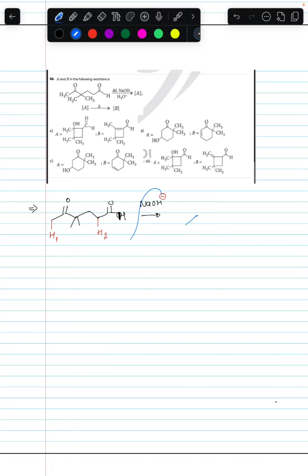If we form the enolate from hydrogen number 1, we obtain this one. If the enolate is obtained from hydrogen number 2, then we get this one. So it is an aldol reaction, intermolecular aldol.